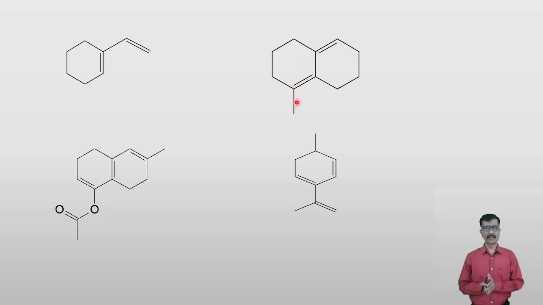Then identify allylic carbons. This 1, 2, 3 and 4. The first allylic carbon, there is one ring residue and one alkyl group. On second, ring residue. Third, again one ring residue.